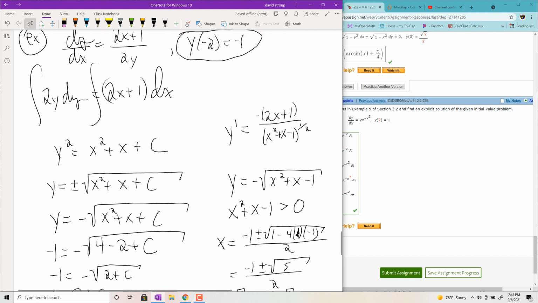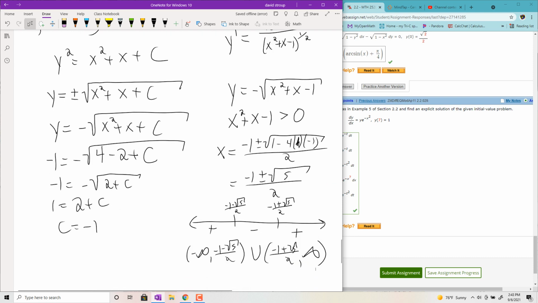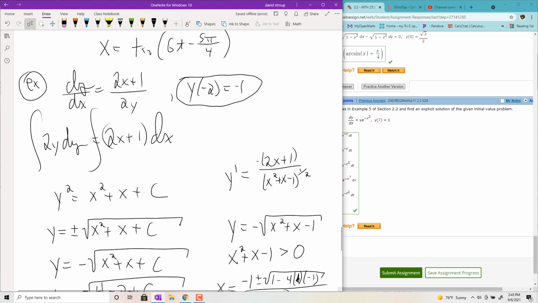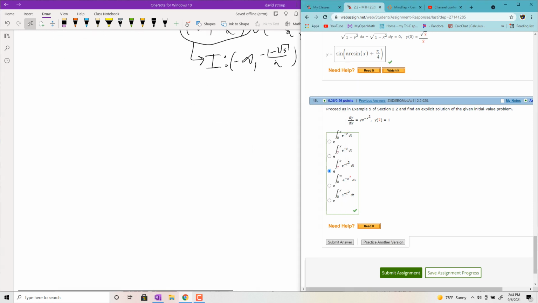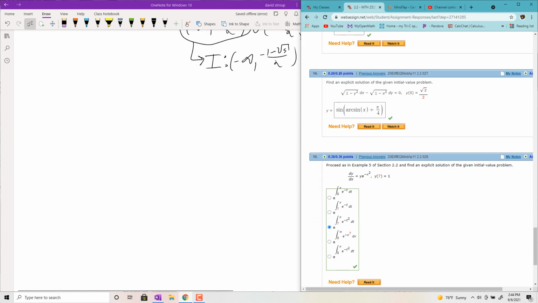Given our initial condition of y of -2, I believe we'll be in the left side interval, because that's where the x value is from our initial condition. X is -2. So our interval of definition would be negative infinity to -1 minus root 5 over 2. But like I said, they don't really do that in the homework. They don't really seem to care. So it's not going to be an issue for you.